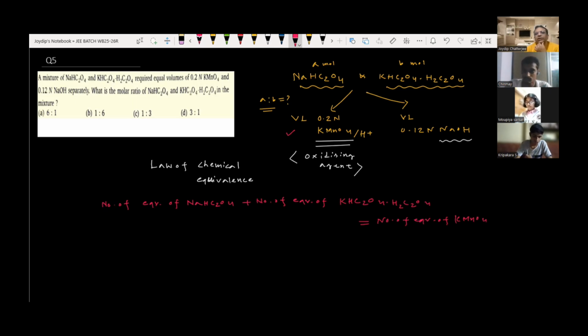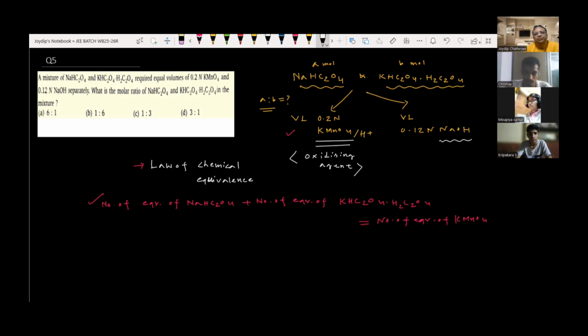Again, according to the law of chemical equivalence, I have written this. In case of NaOH also, the same law will be followed, but let us consider first the reaction with KMnO4.